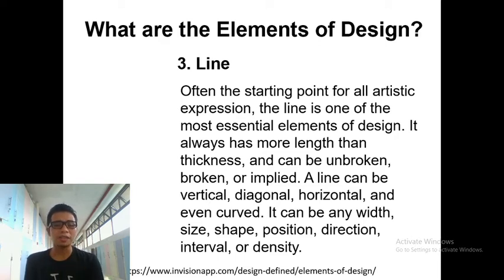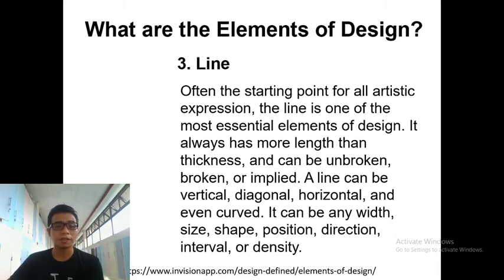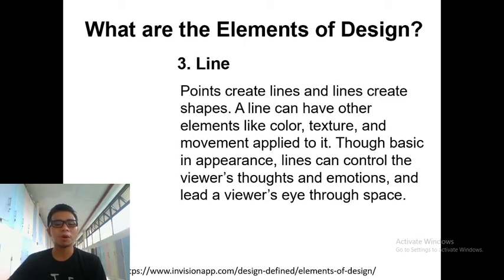A line can be vertical, diagonal, horizontal, and curved. It can be in any width, size, shape, position, direction, interval, or density. So yun daw yung line. Point creates line. So one point to another point, no?